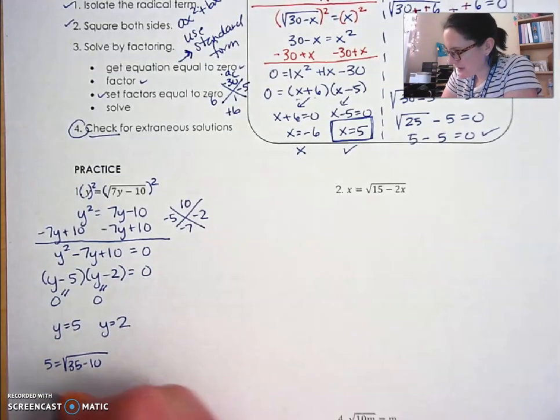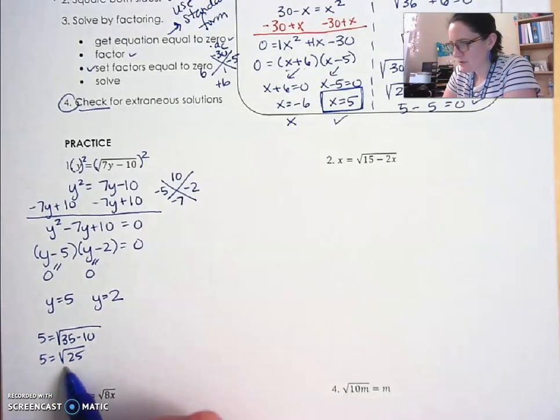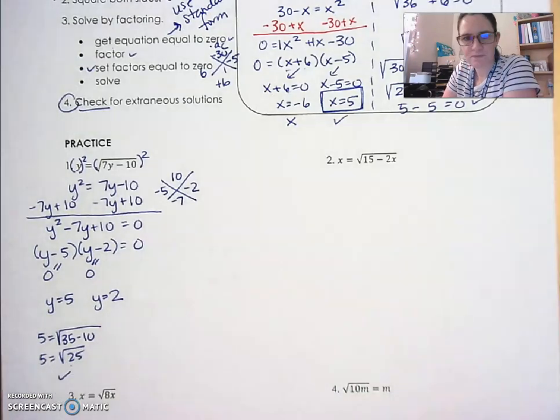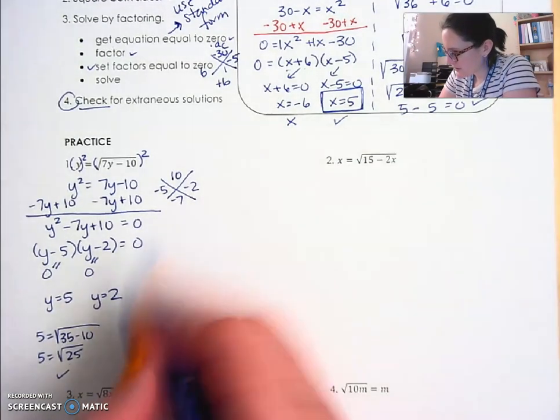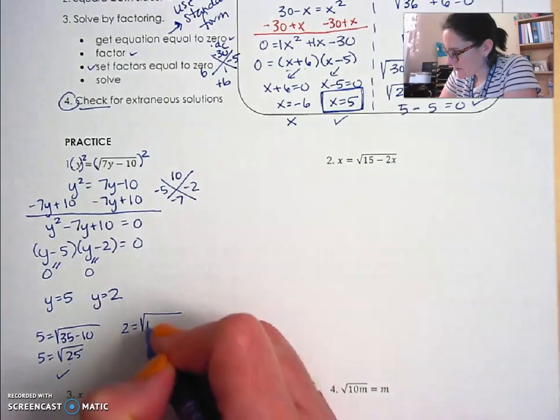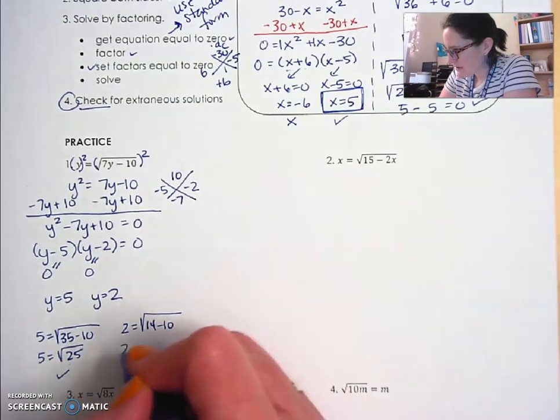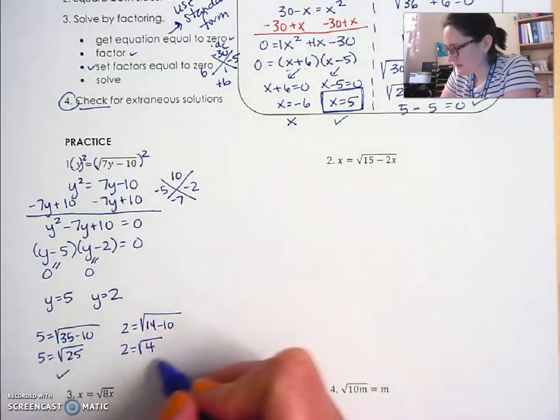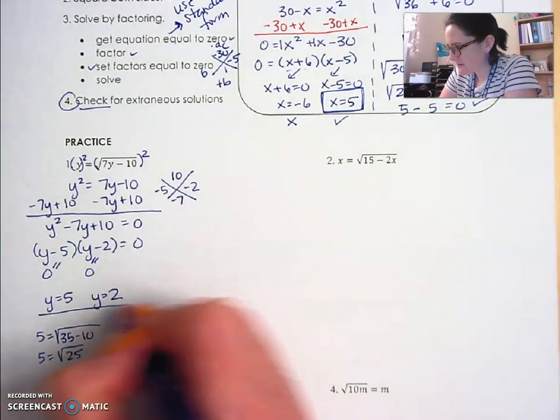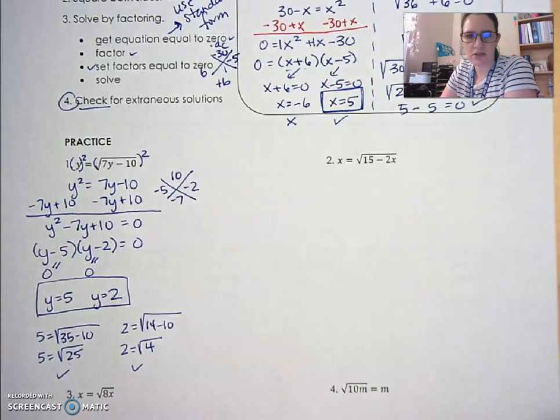So 35 minus 10, that is 25. Is it true? True statement? Yes, that is true. Plugging in 2 gives me 14 minus 10 in the radical, which is 4. And is that statement true? Yes. So this has 2 solutions.